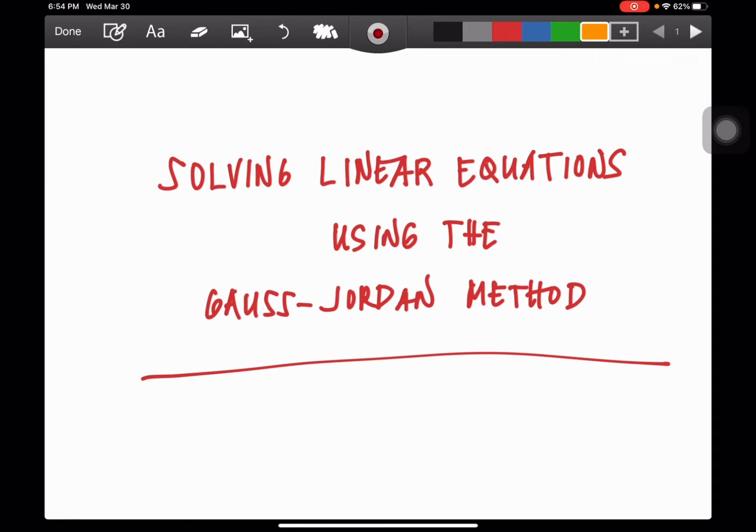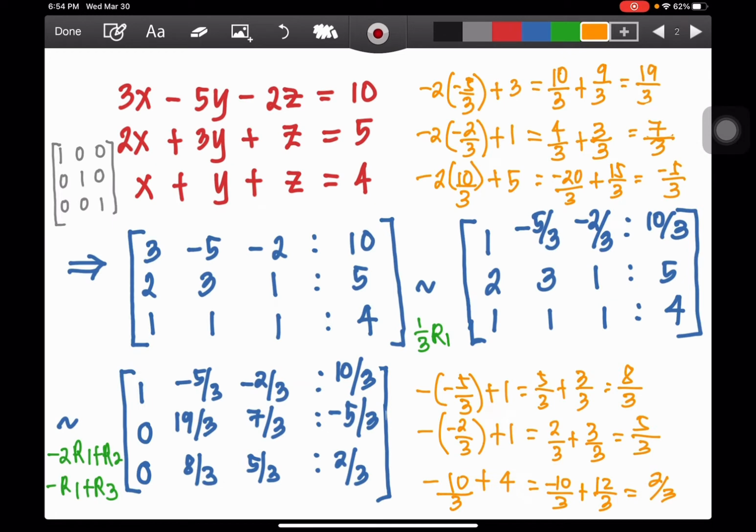Good morning, teachers. Today, we are going to discuss solving linear equations using the Gauss-Jordan method. So, suppose we are given 3x plus 5y minus 2z equals 10, 2x plus 3y plus z equals 5, x plus y plus z equals 4.